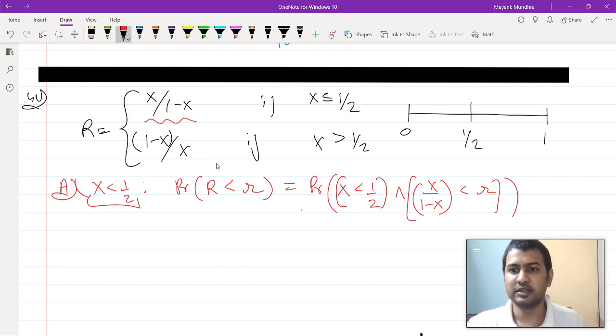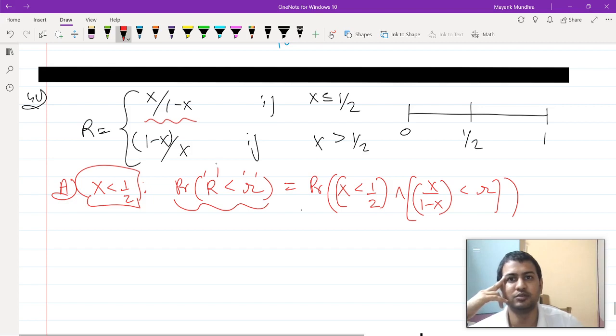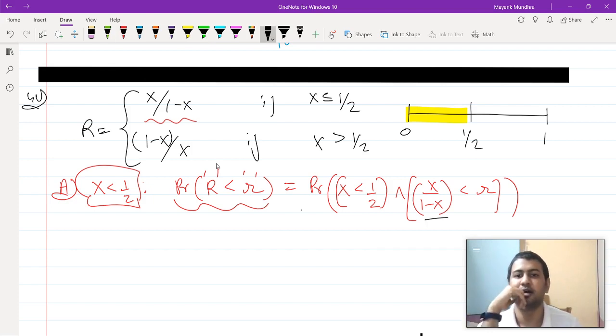So in case A, the probability that the function capital R is less than some fixed value small r is basically the probability that x belongs here, to the left, and also that x upon 1 minus x is less than r. Let's find out what this means.